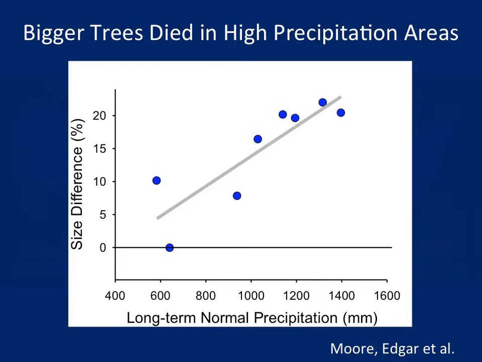So this is west of Austin, going onto the Edwards Plateau. This is East Texas into Louisiana-type precipitation levels. And this is both angiosperms and gymnosperms. Okay, so the size difference between the trees that died versus the trees that are living on the landscape.